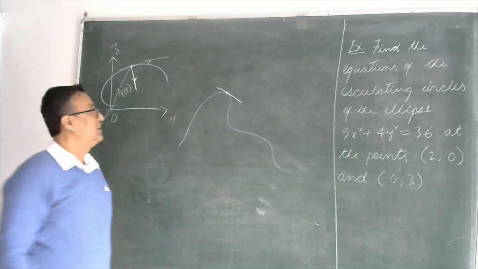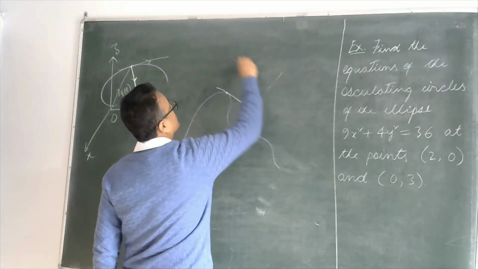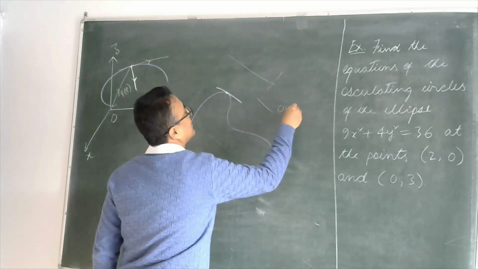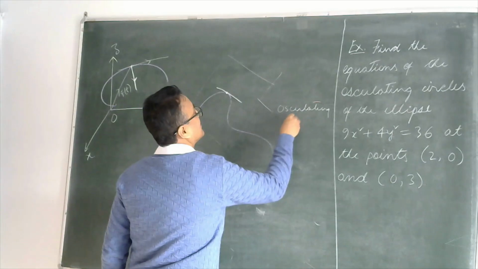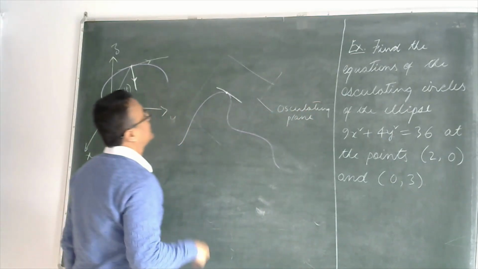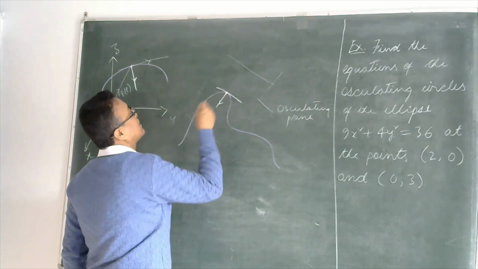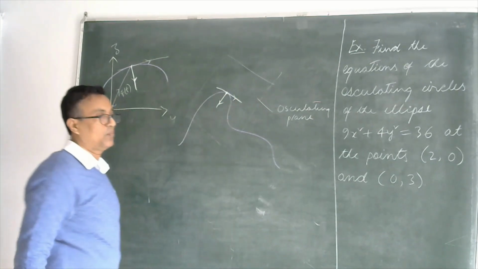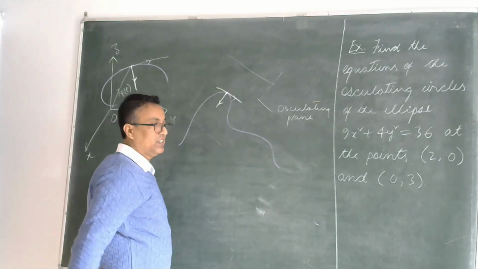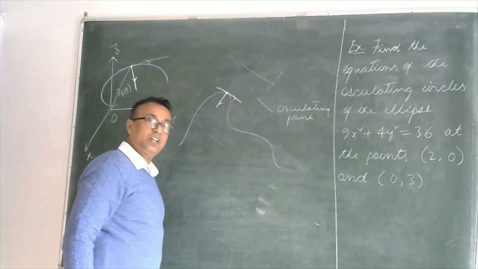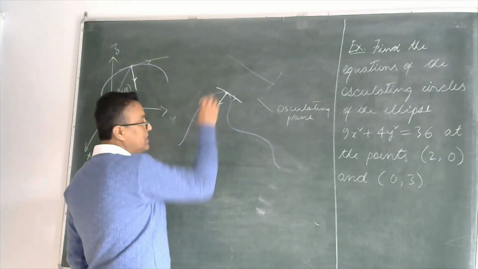So now, suppose this is the osculating plane, and because the tangent and the normal lie here, at this particular point let me compute the curvature of this curve.